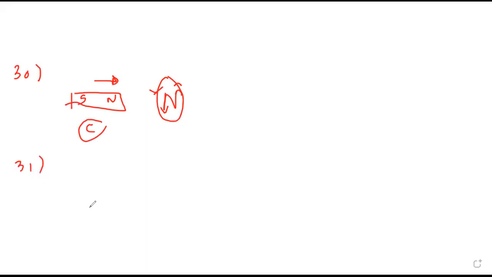31. In the coil, current is changed from 4 ampere to 8 ampere. So change in current is 4 ampere in time 0.1 second.